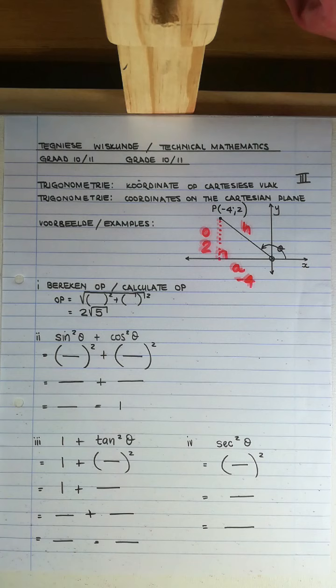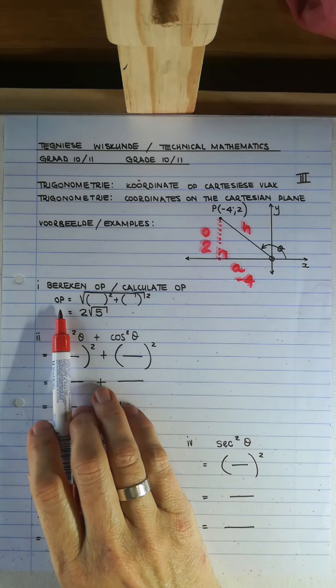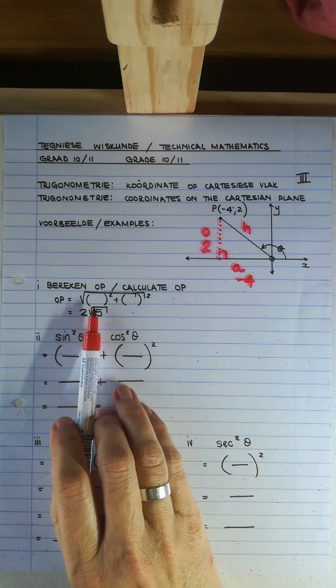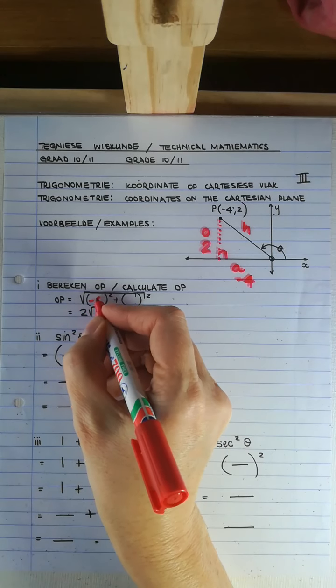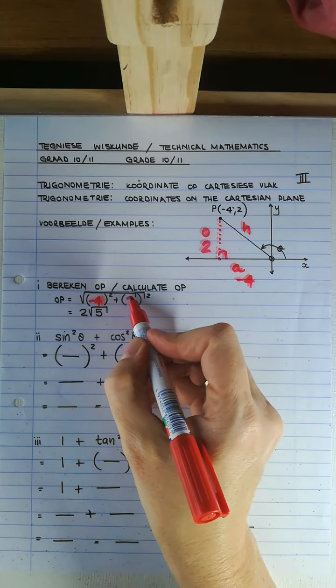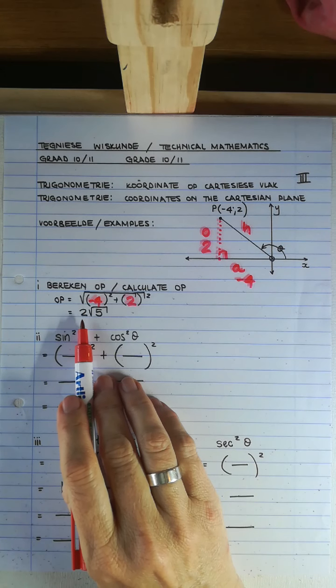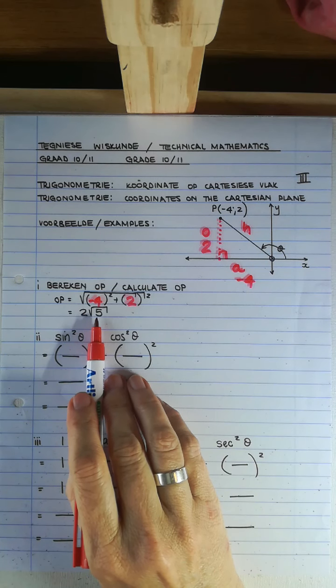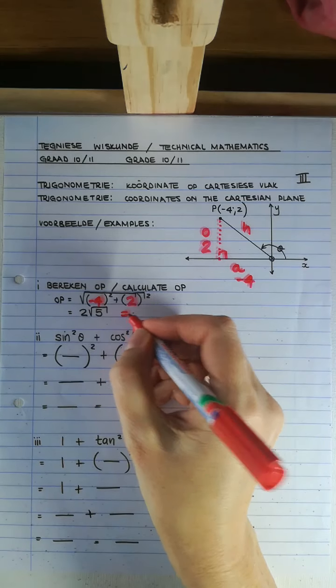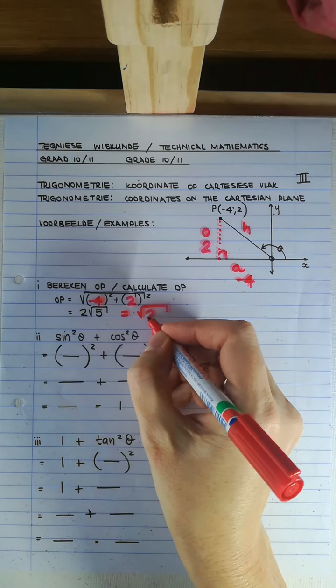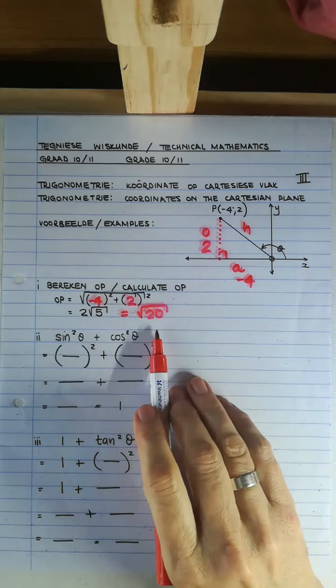So to calculate the length of OP, we will simply use Pythagoras and substitute the adjacent side and the opposite side and simplify using a calculator. We see the answer is 2 square root of 5, which could also be written as the square root of 20.